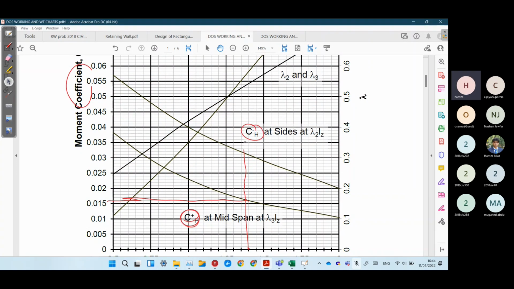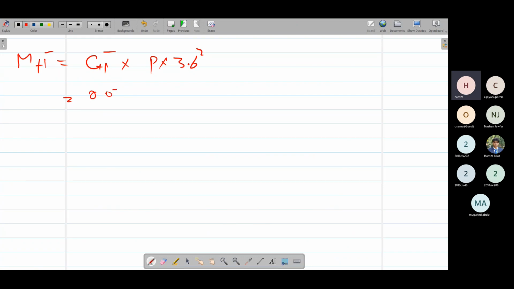This is the CH negative curve. So approximately something like 0.032 into 25 into 3.6 square. This is MH negative. MUH negative would be 1.7 times MH negative.